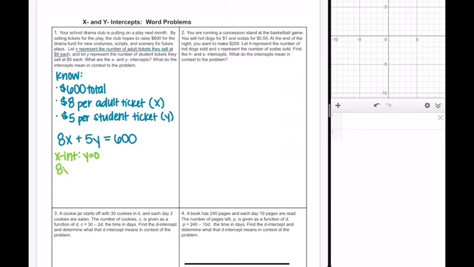So for this equation, if Y is 0, then that gives us 8x equals 600. So we would divide by 8.